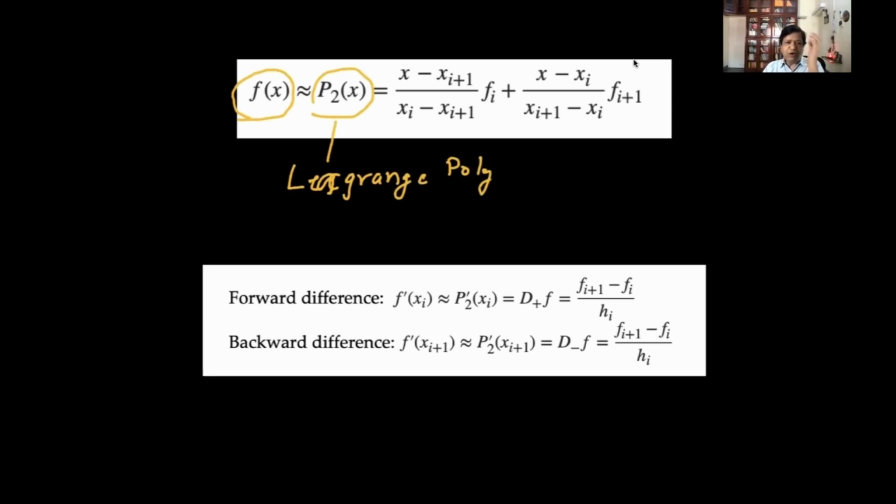With 2 points, we have P2(x); this 2 is the number of points. With 3 points, we have P3(x) and so on. Let's write f of x as a Lagrange polynomial. We derived this: it's a linear function which passes through f_i and f_(i+1).